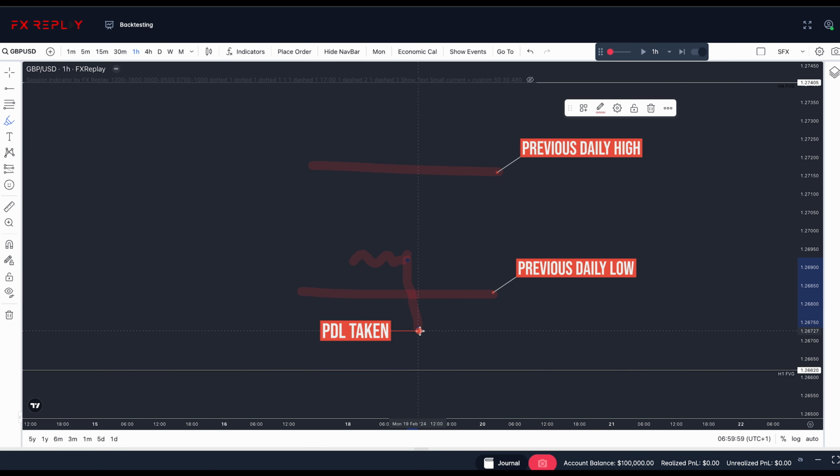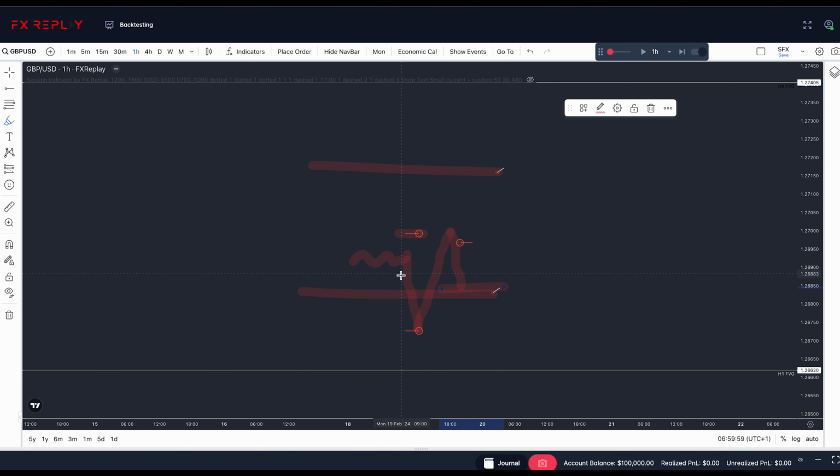You want to see previous daily low be taken out before reversing. So PDL being taken, break of structure to the upside, retracement down, and this is your trade. This is where you want to target the previous daily high, session highs, etc.